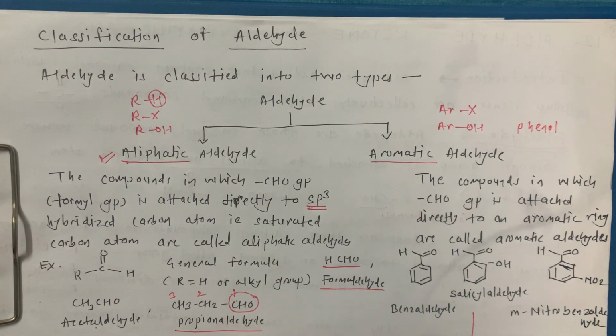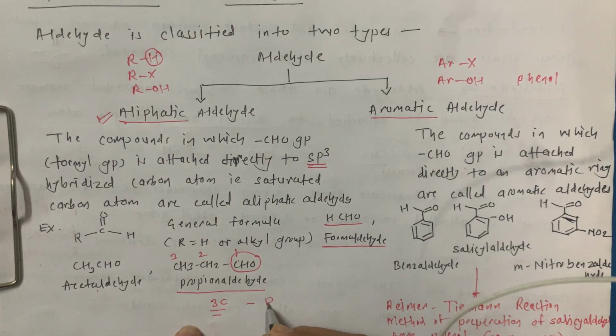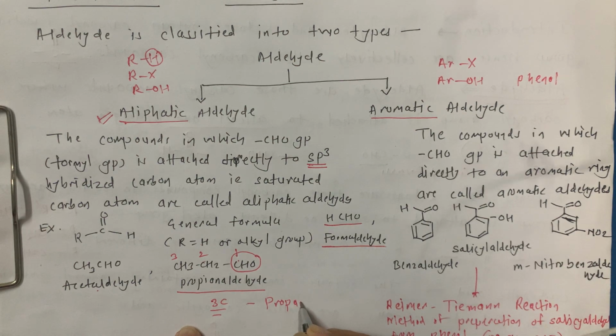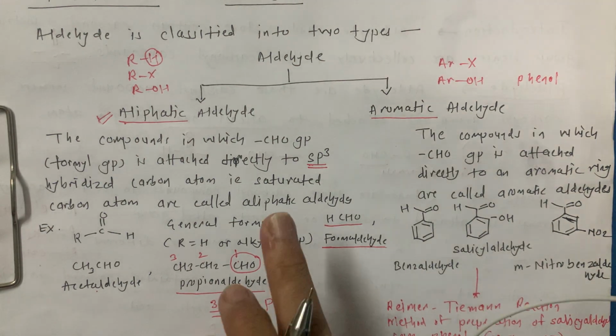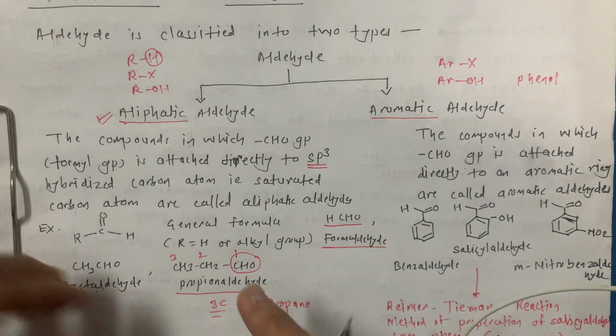Total carbons are 3, and we know that when there are 3 carbons, the compound is known as propane. 1 carbon, methane. 2 carbons, ethane. 3 carbons, propane. 4 carbons, butane. 5 carbons, pentane and so on.